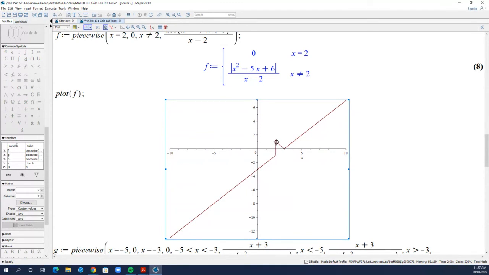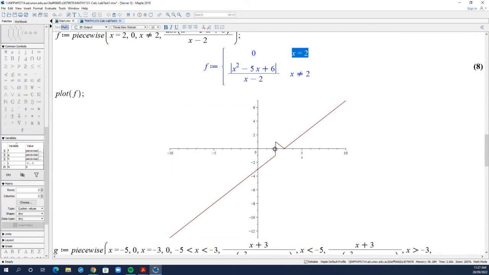So it jumps up there, and then it becomes this thing. And at x equals 2, the actual value of the graph would be where my cursor is. It'd be 0, right? Because that's how we've defined it. So even though this vertical line looks a bit weird, that's the actual value there. It's not all those points. It wouldn't be a function then, right?